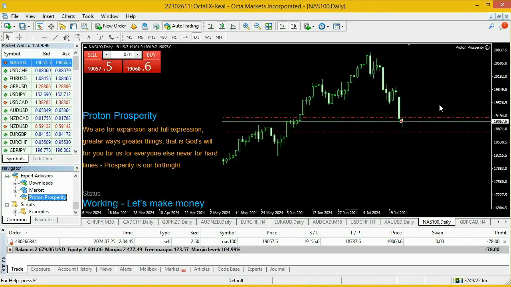Sell position executed. Our stop loss. And take profit. This is where we are, almost 5 hours into the trade.